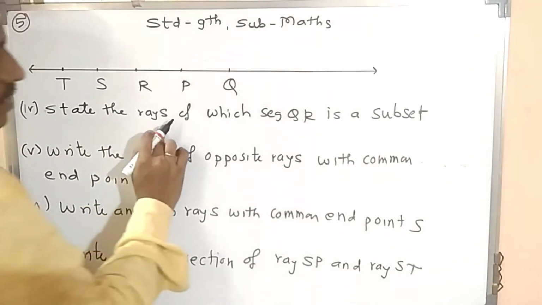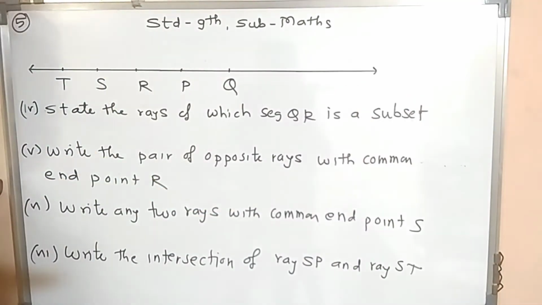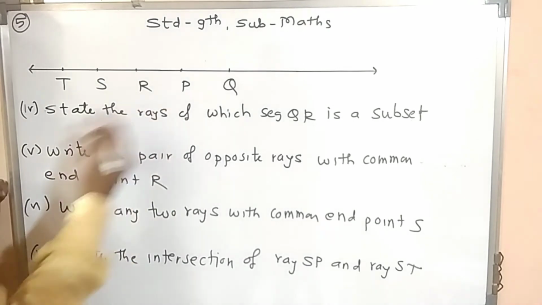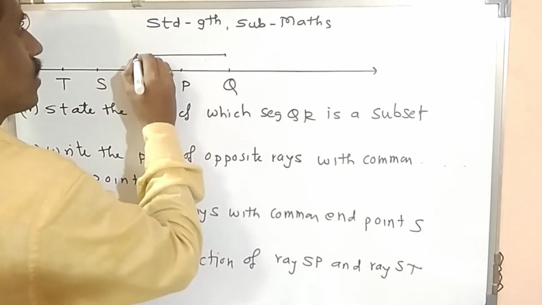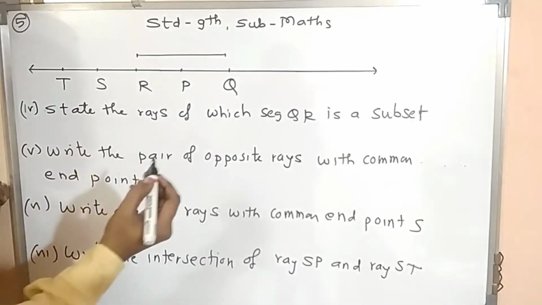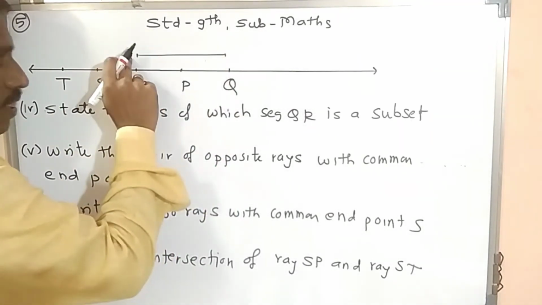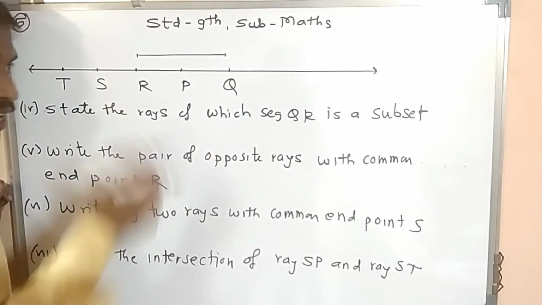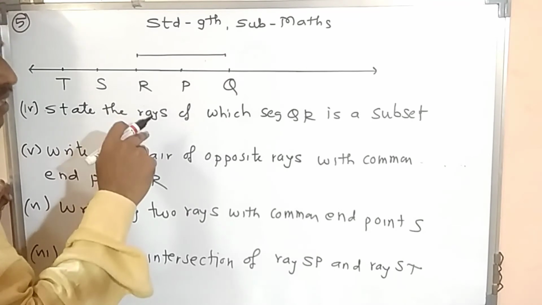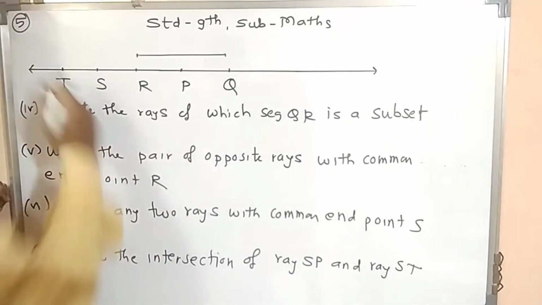State the rays of which segment QR is a subset. It means I have to find out segment QR. Where is segment QR? This is segment QR. The segment QR is a subset of which set? All the points of segment QR are included in ray QR or ray RQ.